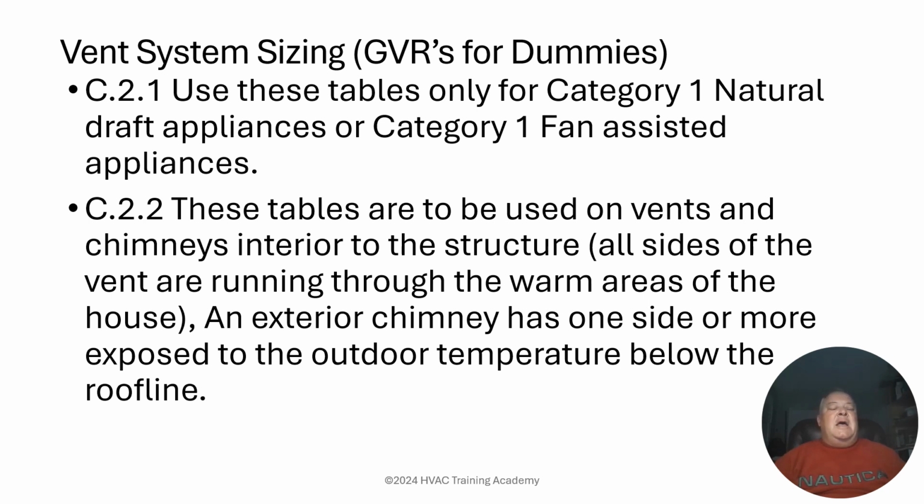But quite honestly, I've taught this for years, there were so few situations that didn't require a liner. Unfortunately, a lot of technicians, because they didn't know how to size this effectively or what to do, took that as an out, meaning they didn't have to drop a liner down the chimney. This particular code book indicates that we do have to drop a liner. I don't think it allows for any exceptions anymore.